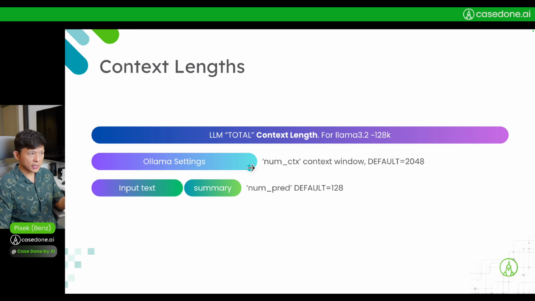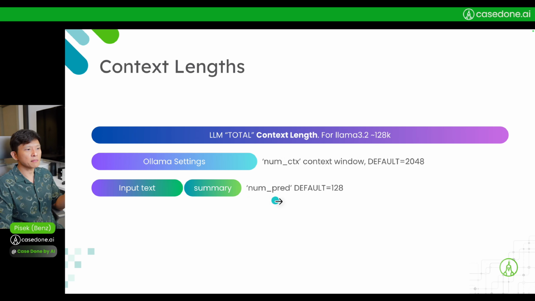Now you are implementing Ollama. You have a knob to tune it, to set a context window to your liking, to suit your application, and you need to do that. You need to take care of how long your tokens are and how long you want the summary or the response from Ollama to be.